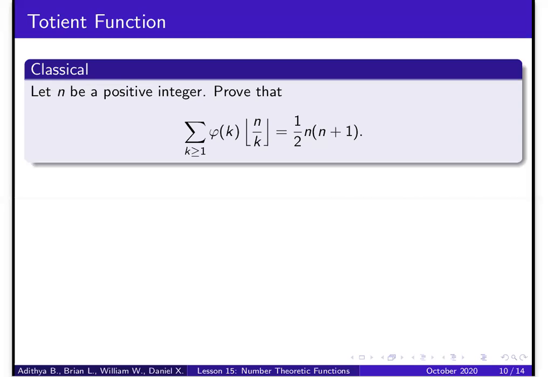Here we have an identity in terms of n, and it's supposed to hold for all positive integers n. So one method we might try is induction.